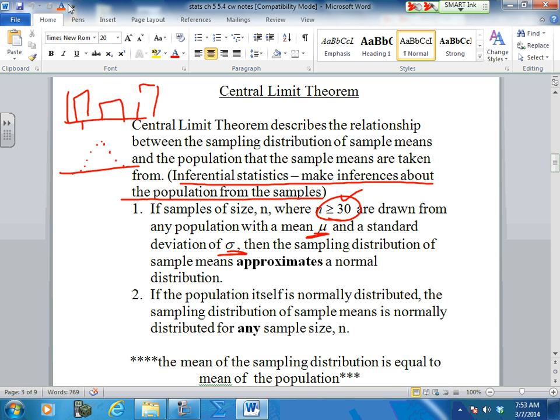And if our population that we took this from is normally distributed, then of course our samples are normally distributed. Okay. And what Gunnar said before, the mean of the sampling means distribution is equal to the mean of the population. This is important. And Alyssa again showed us that they'll reach a normal curve, and the more we have, the more consistent the curve.